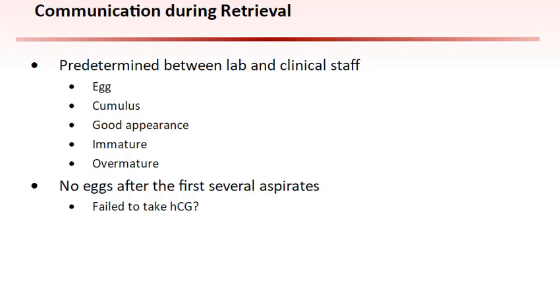Communication between the clinician performing the aspiration of follicles and the technician performing the examination and identification of oocytes is quite varied from facility to facility. In some facilities, the clinician performing the aspiration prefers to have feedback that the retrieval is resulting in the accumulation of oocytes during the procedure. In other facilities, the clinician prefers to know after the retrieval how many oocytes were found.